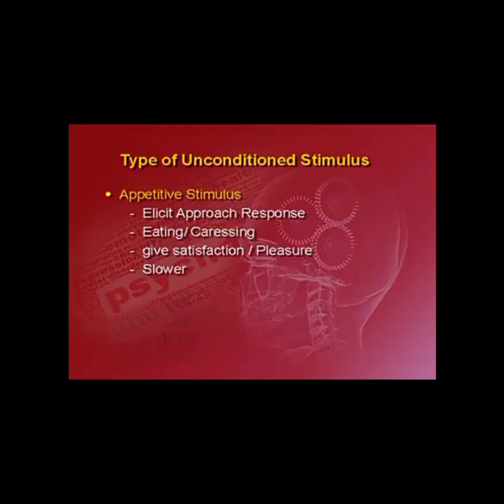It naturally elicits a response, like eating and all, which gives you pleasure and satisfaction, or someone patting you on your back, praising you, and so on, which gives you satisfaction and pleasure and you learn. But it has been found that classical conditioning through appetitive stimulus is slower and it requires a greater number of trials.